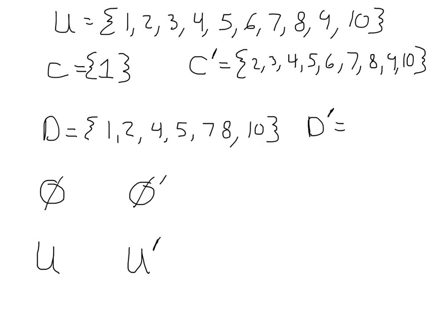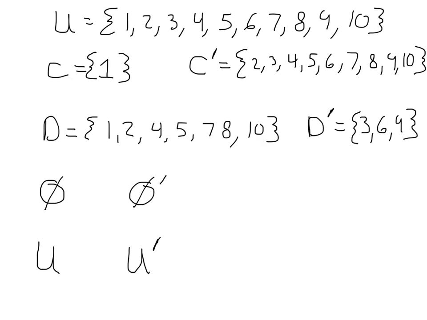As far as D complement, we have a 1, 2. We do not have a 3 in D, so that goes in the complement of D. We have a 4, we have a 5. We don't have a 6. We don't have a 9. Everything else is represented in D. So the set containing 3, 6, 9 is our complement of D.